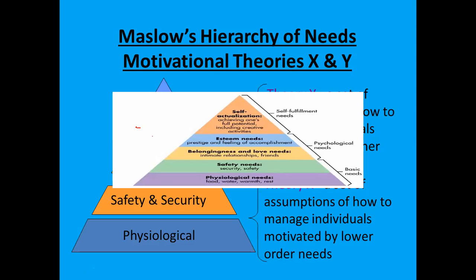Two assumptions are made about how to manage individuals motivated by lower order needs. Here you also have two factors which will be managed for people motivated from the higher order to the lower order. These are the two things to be noted in theory X and theory Y.